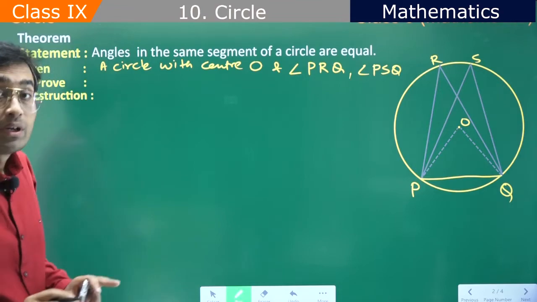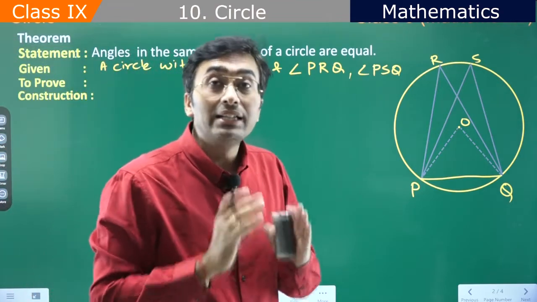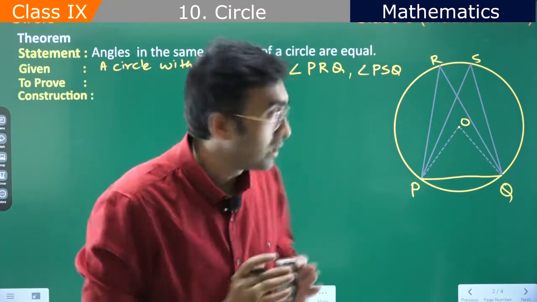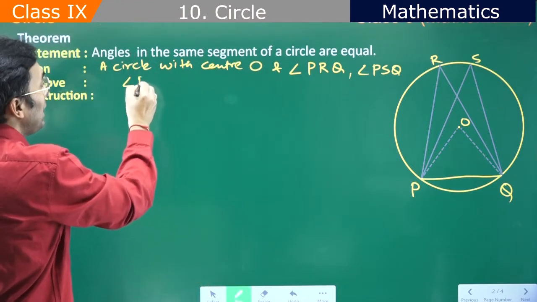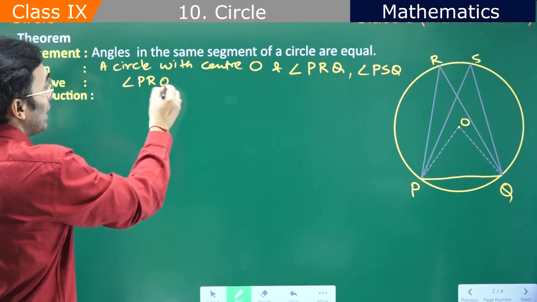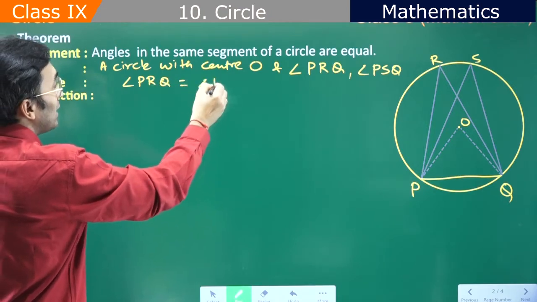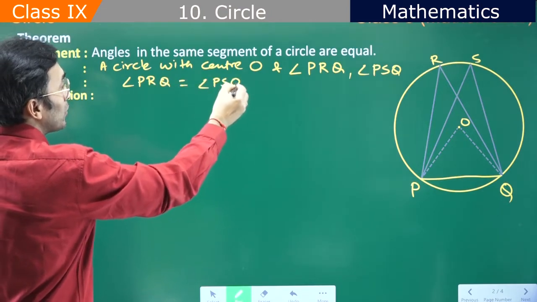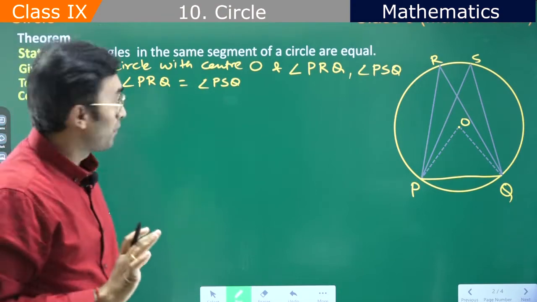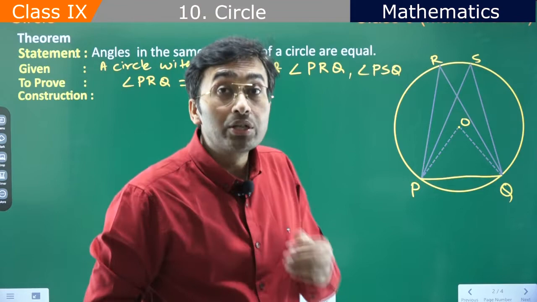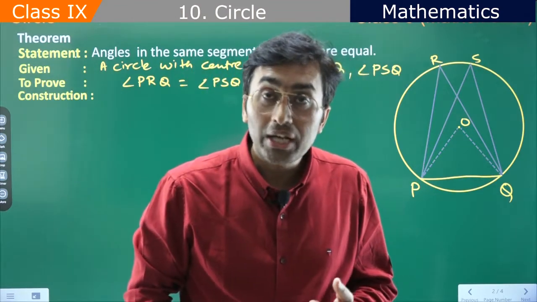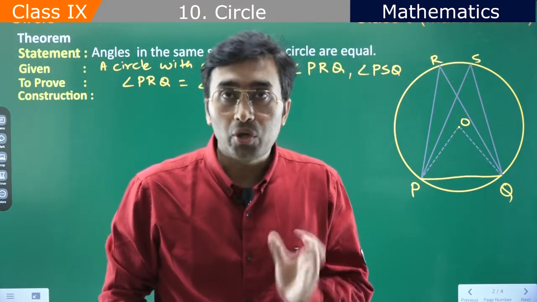What we have to prove? We have to prove that angles in the same segment are equal. So we are going to prove it, angle PRQ equals to angle PSQ. This we have to prove. Now we are going to do a construction. As I told you, whenever we do a construction, we do it by dotted lines.